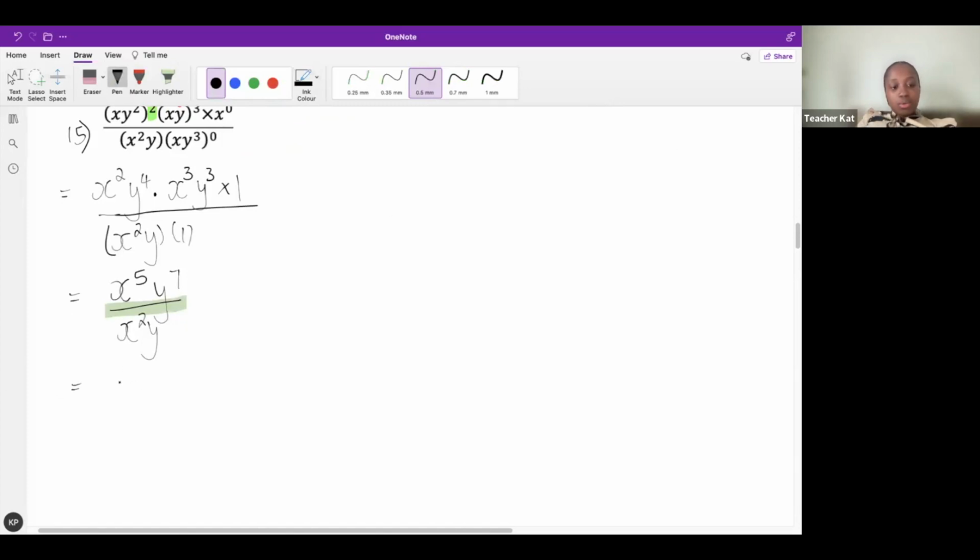So this will be equal to x to the power of 5 minus 2 and y to the power of 7 minus 1. So final answer is x to the power of 5 minus 2, which is 3, and y to the power of 6. Nice.